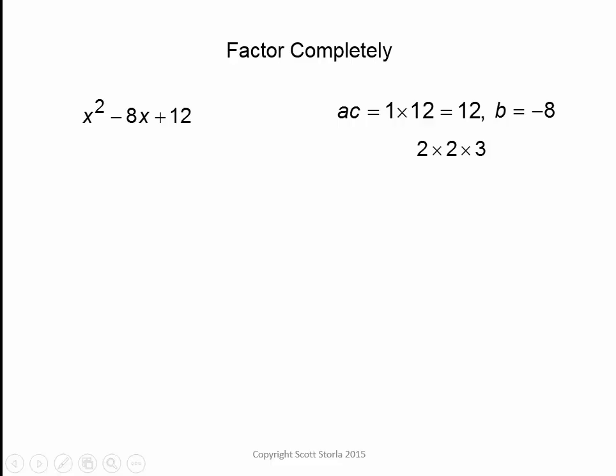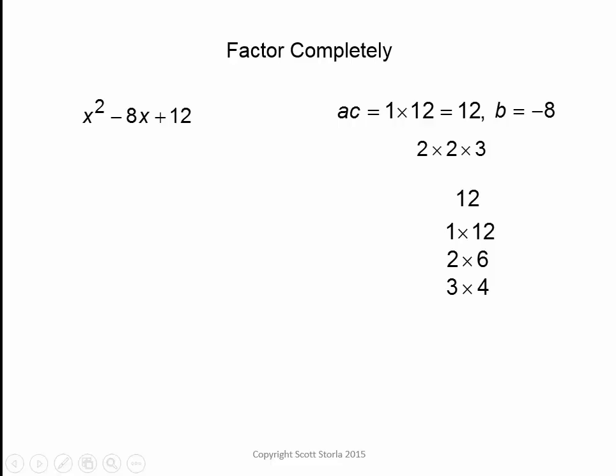My factor pairs for 12 will be 1 times 12, 2 times 6, and 3 times 4. It's true you can go on to, say, 4 times 3, but it's wasting time. We already have the factors 3 and 4, and reordering them isn't going to make a difference in terms of our answer.